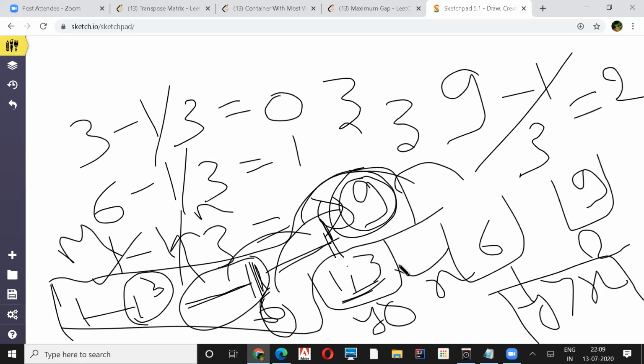Right? Maybe you can draw something, because they are consecutively next to each other.